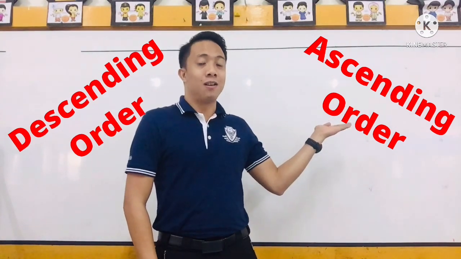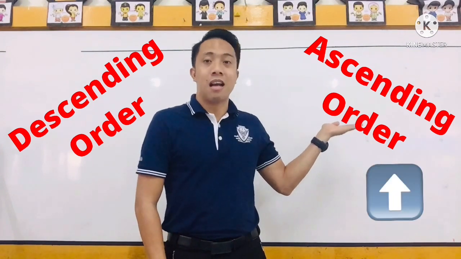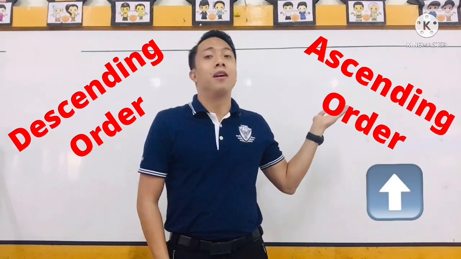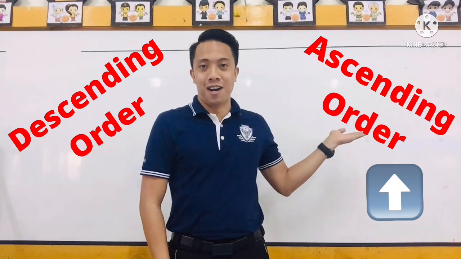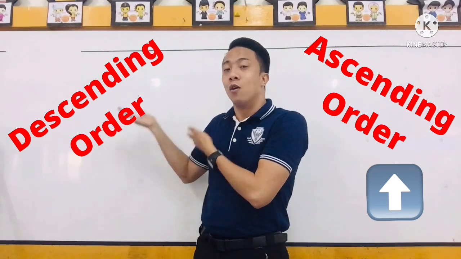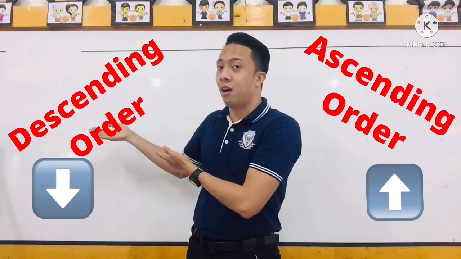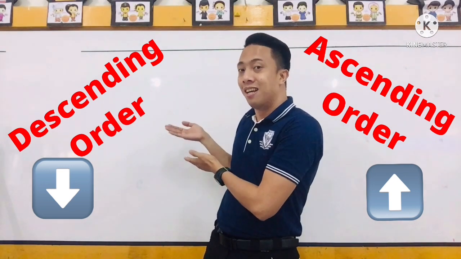In ascending, we need to start with the least number up to the greatest number. While in descending order, we will start with the greatest number up to the least number.